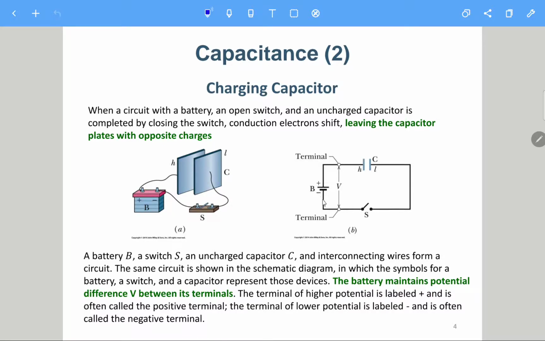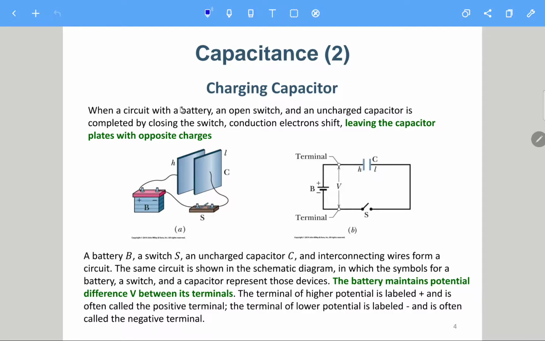This is the negative edge. So the electric potential at this point would be higher than this point. And then this stands for the switch, and the capacitor is simply drawn as two parallel lines.